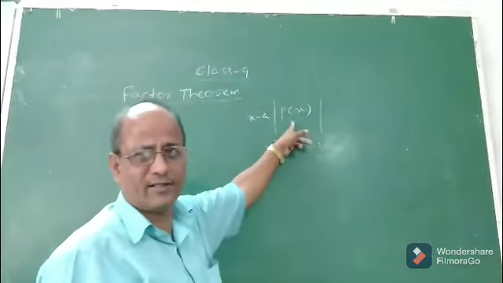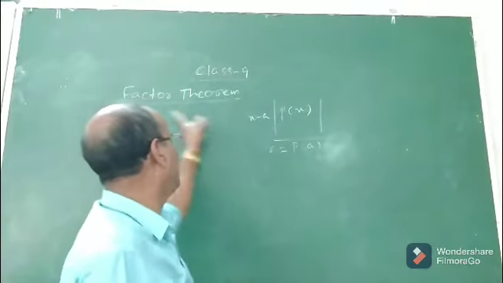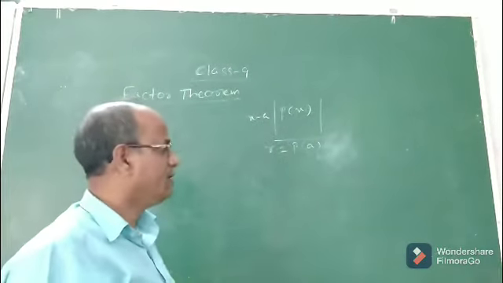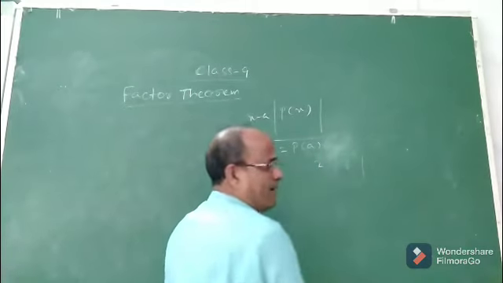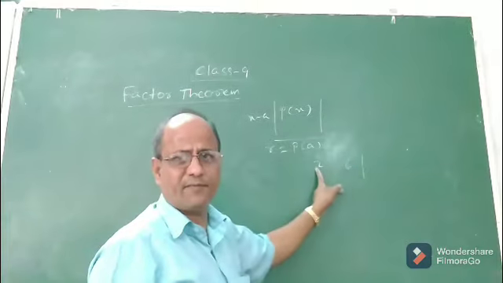Its proof also we had done in the previous class. Now, what does the factor theorem say? Children, suppose I ask you to consider the division of 6 by 2.